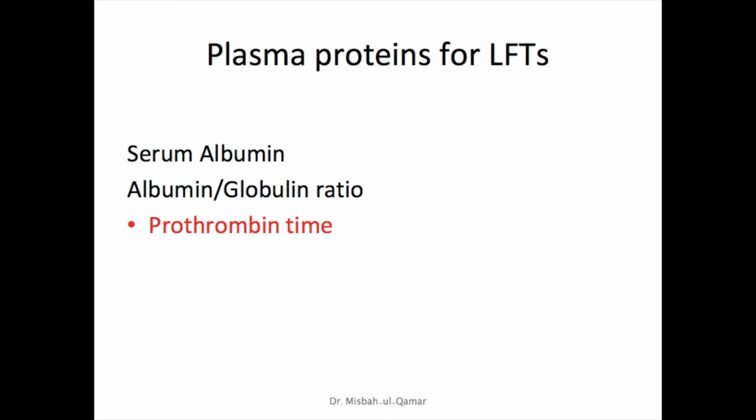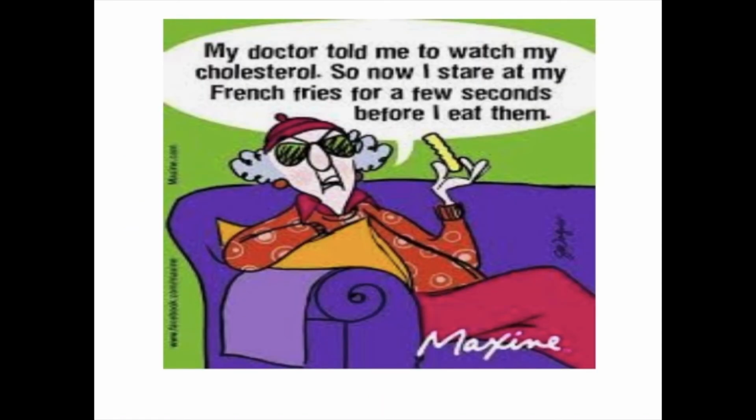And among the tests of coagulation, keep in mind that the prothrombin time is prolonged. Cholesterol, free or esterified levels of serum, also help in assessing the liver function, because these are increased in complete obstruction of bile duct.